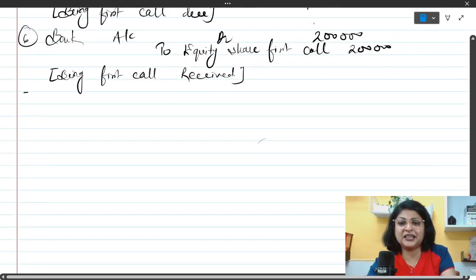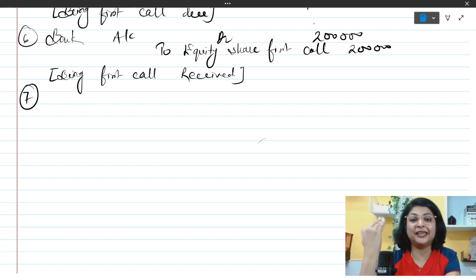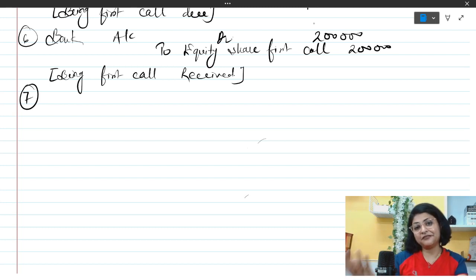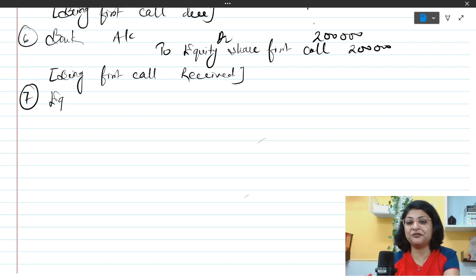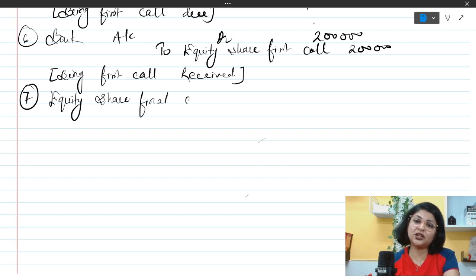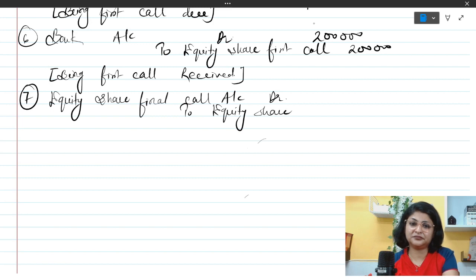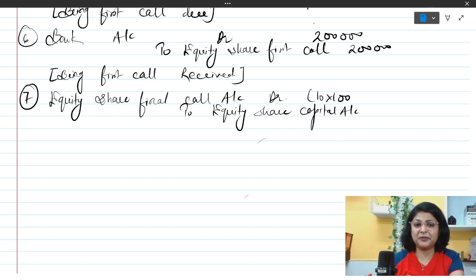Next entry is going to be the final call. Okay, so the final call will get due like the allotment money and first call money. So we are going to write equity share final call, which was 10 rupees. Final call account debit to equity share capital, which is 10 rupees multiplied by 10,000.